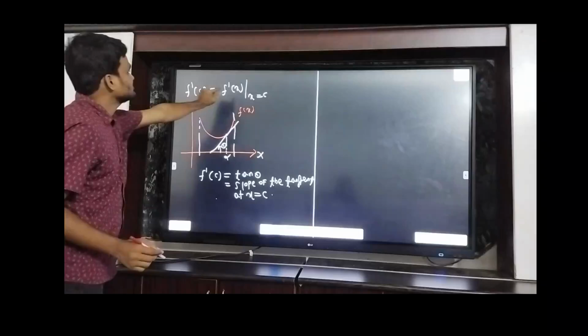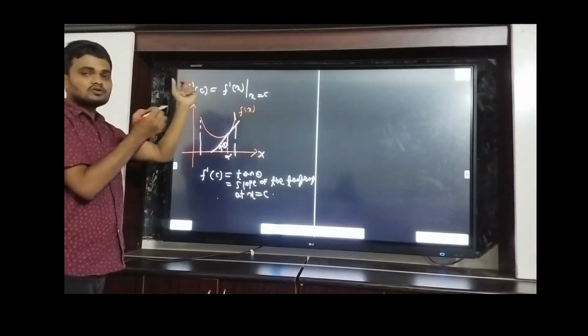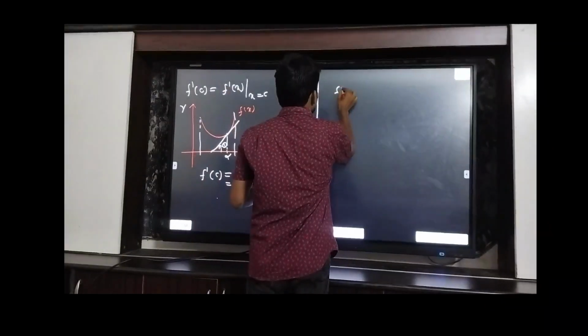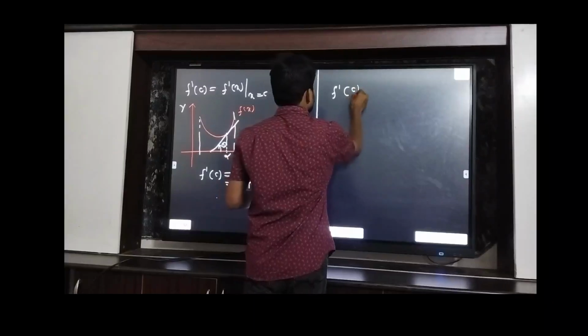So here what is requirement like in our Rolle's theorem, in the conclusion what it's talking about, f dash C is equal to 0, right? That means f dash C is equal to 0.